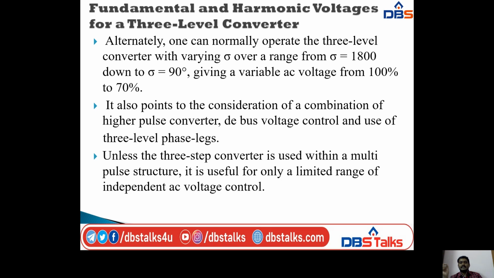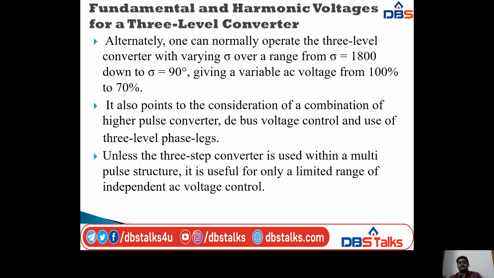Alternatively, one can normally operate the 3-level converter with varying sigma. Here we are varying the sigma value over a range from 180 degrees down to 90 degrees, giving a variable AC voltage from 100% to 70%.